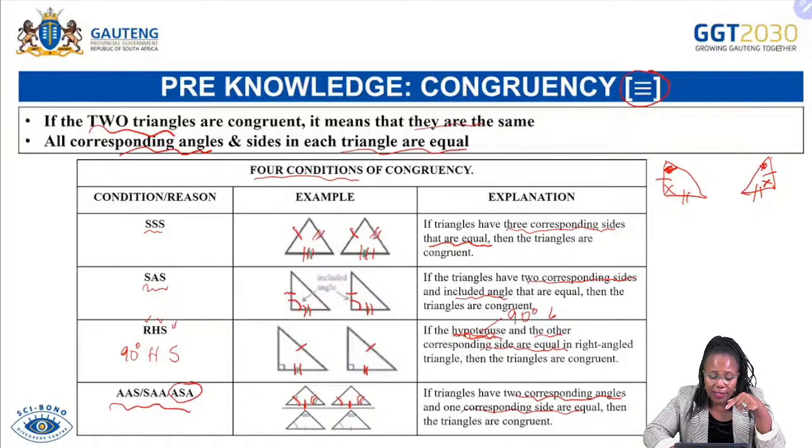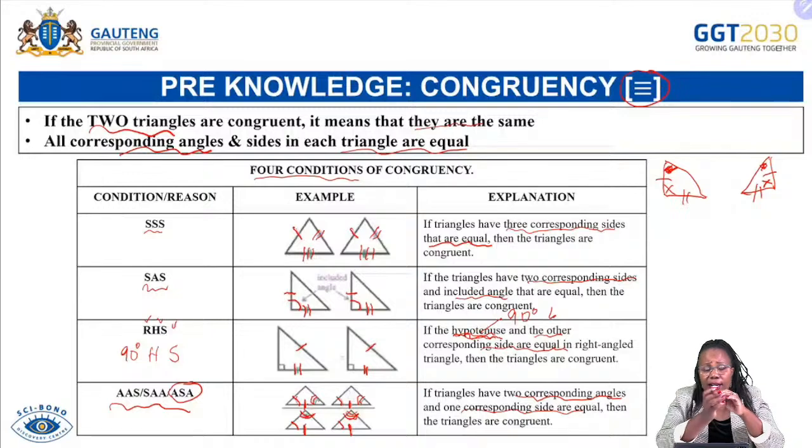Angle, side, angle. Okay? And for the second condition, can you see that this angle is equal to that one, and that angle is equal to that one, and we have that side equal to that one? Can you see now you have angle, angle, side in both? Because the side is opposite this double dashed angle, and this one is also opposite the double dashed angle, at exactly the same position in both triangles.